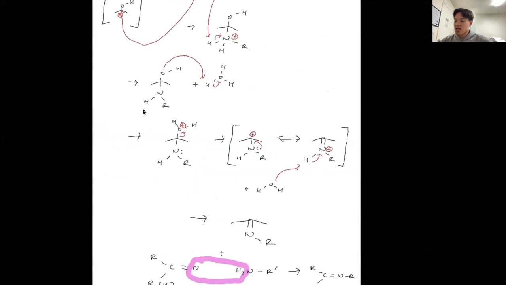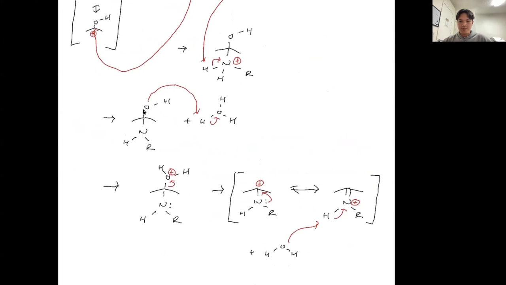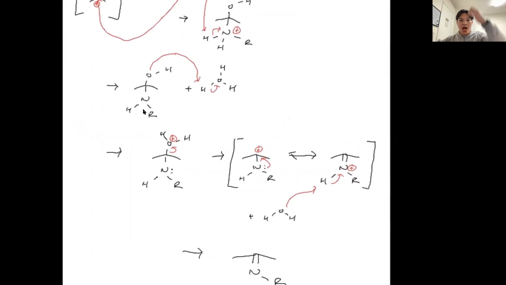I'm just showing you this in case you have to understand the mechanism, but it is a fairly long mechanism, and spend some time with it. Like I said, it's going to be repetitive. If you look at it once or twice, it's going to be there, and I promise you, you're going to understand it.